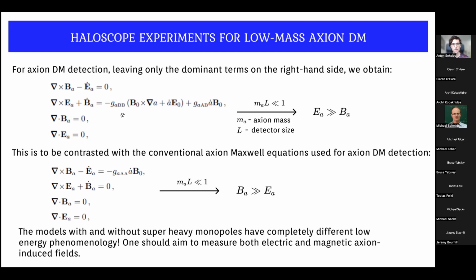If we detect electric field instead of the magnetic field, then we can say that there really should exist magnetic monopoles. So this would be an indirect probe of magnetic monopoles, which I advertised earlier in the talk.